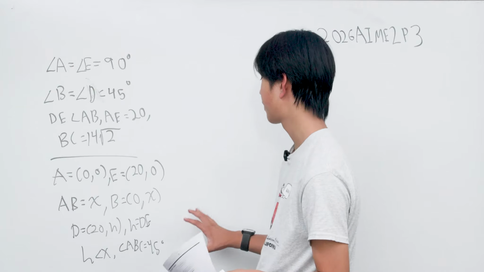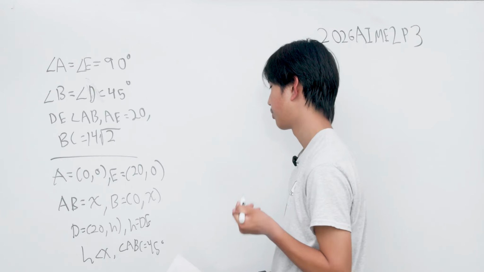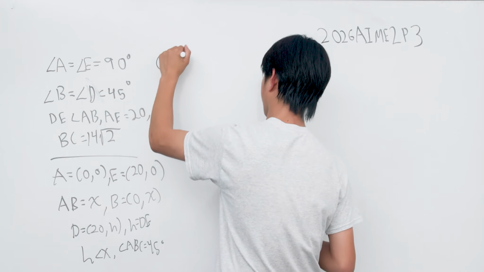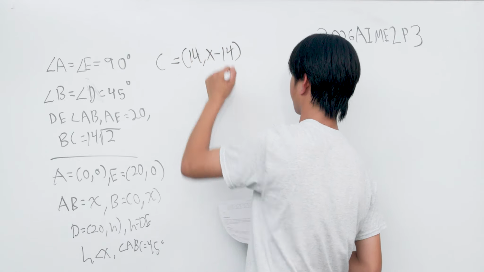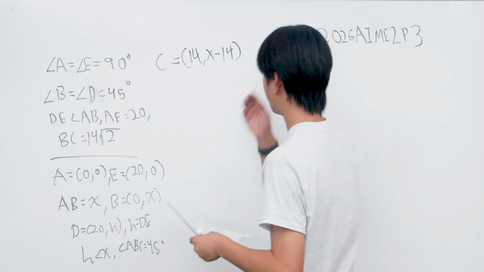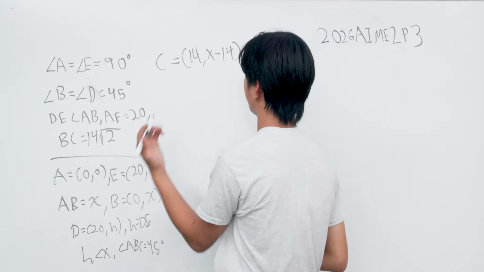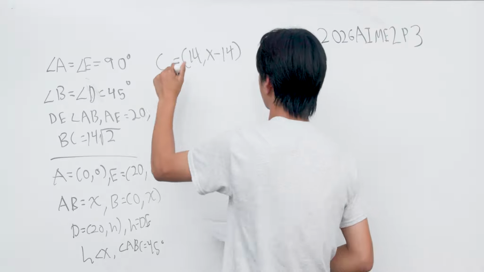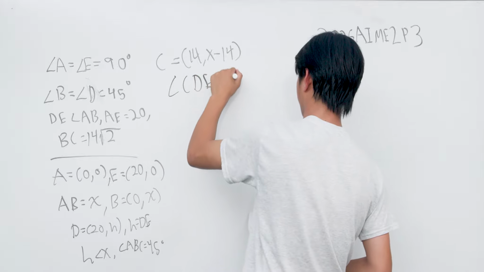So with this information, because we know BC is equal to 14 root 2, we can set point C into coordinates as well. C has the coordinates of (14, x minus 14). And this means that angle CDE also has angle 45 degrees.